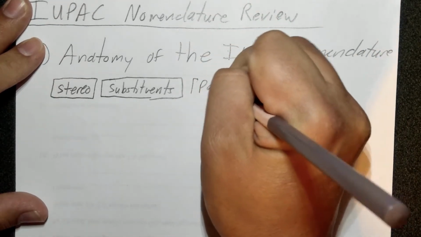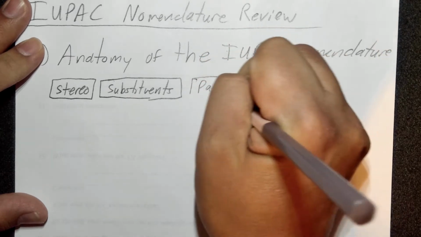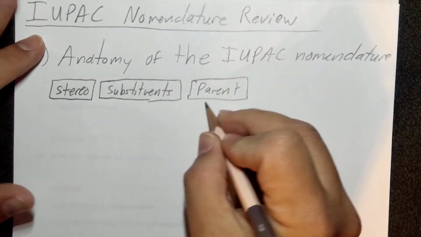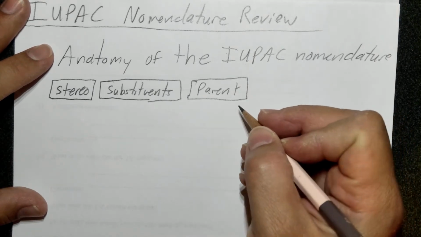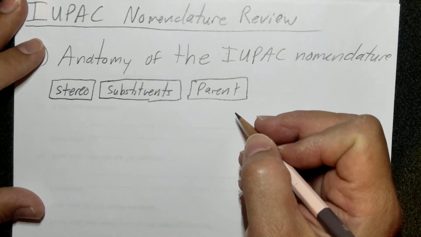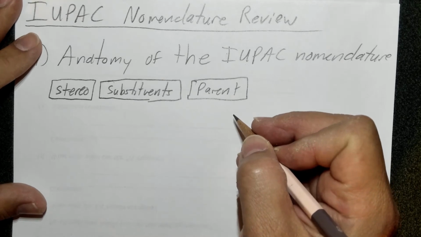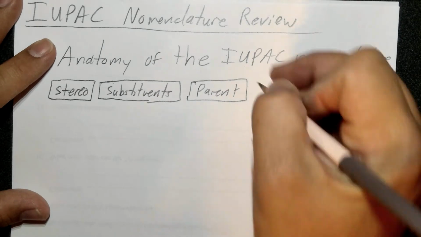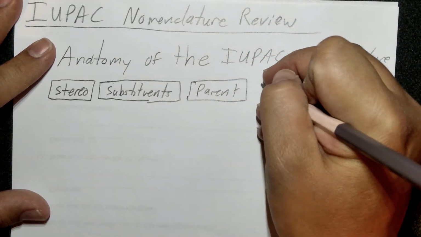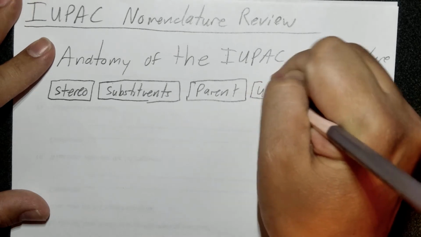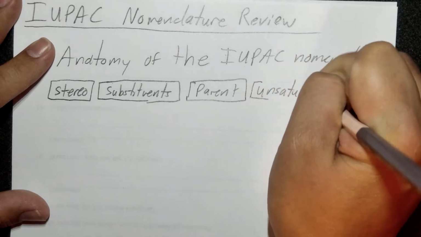Then comes the parent. That's the piece of the name based on the number of carbons in the longest chain, whether it's 1 carbon and it's meth, or 10 carbons and it's deca. Then comes the unsaturation.